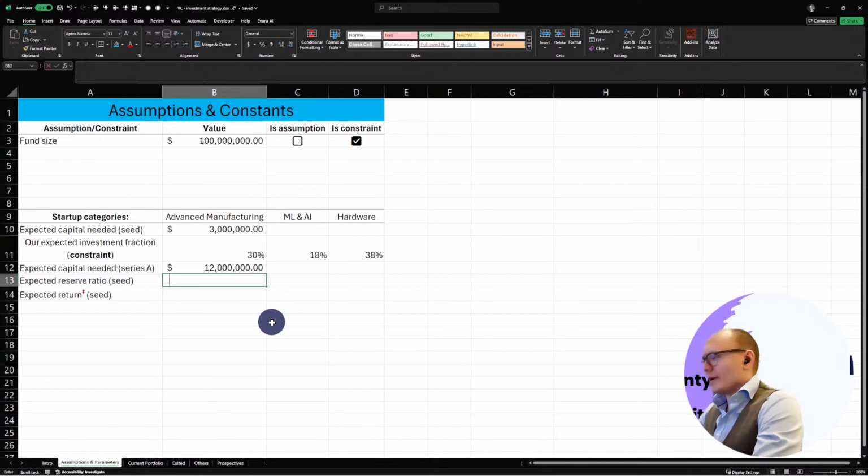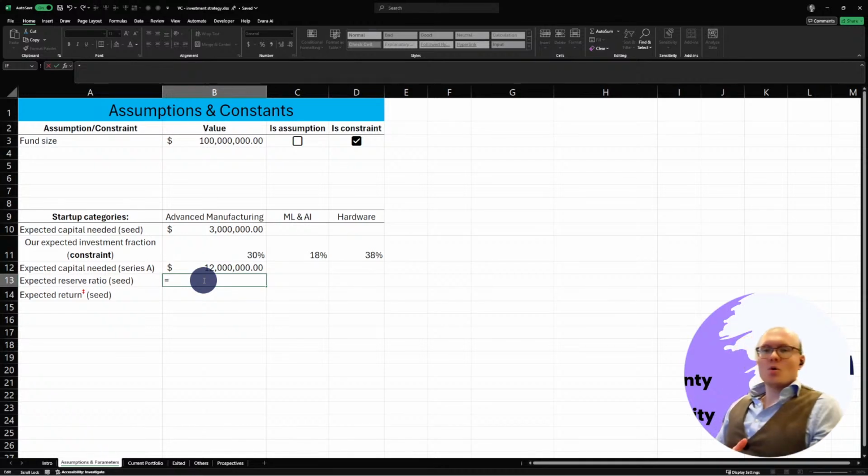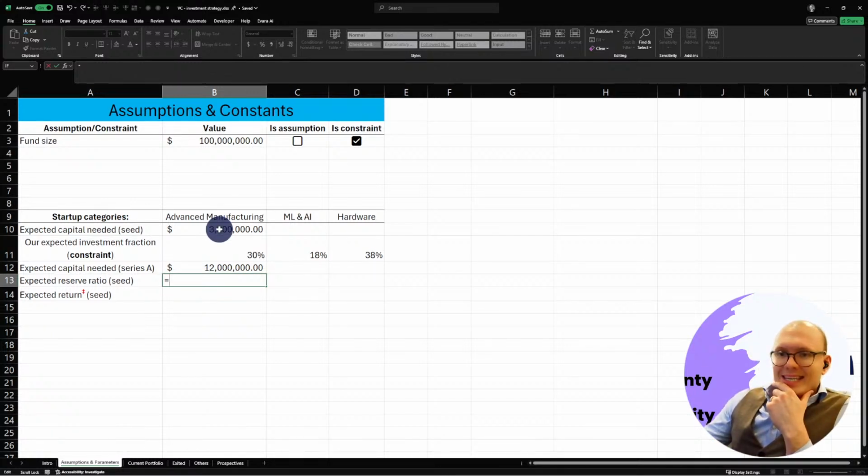That's perfect. So now in this case, since this is the chunk, this is the expected investment fraction we'll take, we'll say that the investment ratio is going to be the ratio between these two.